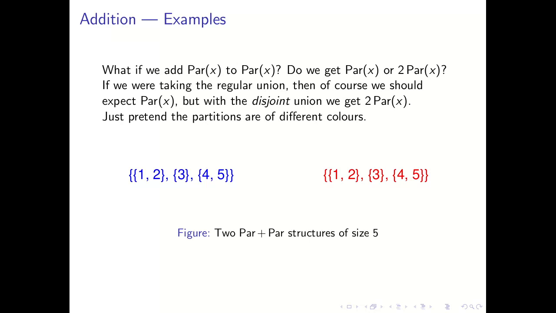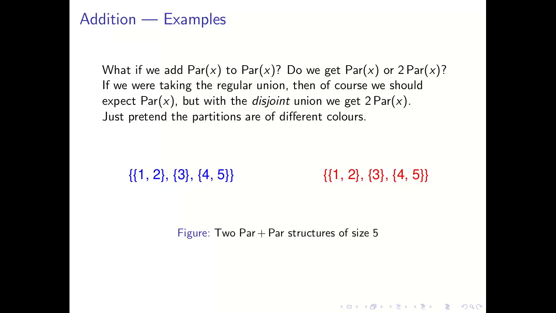And the way I like to think of this is just pretend they're different colors. So the ones on the left we could say are blue, the ones on the right we say are red, and so these two are two different structures on the set 1 through 5, because these ones come from the left partitions and these ones come from the right partitions. Okay, so 2 par x is what we get for our exponential generating function.